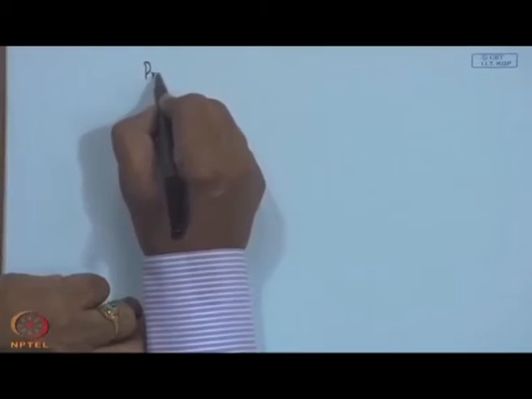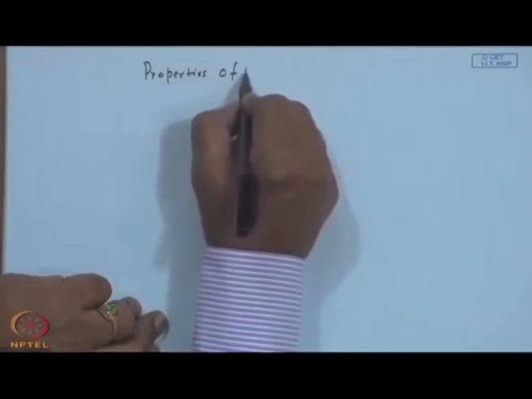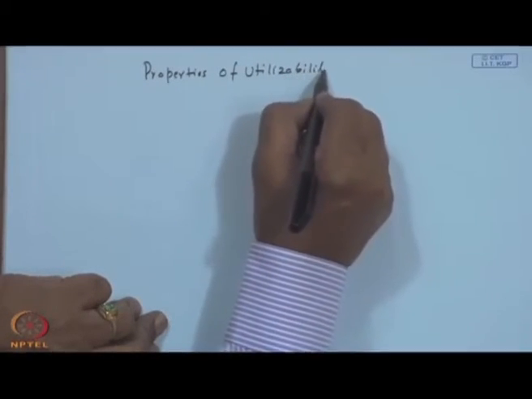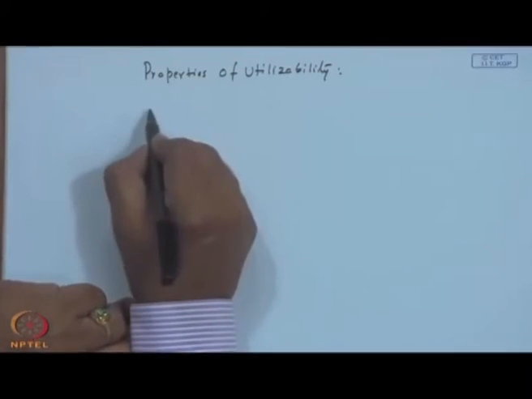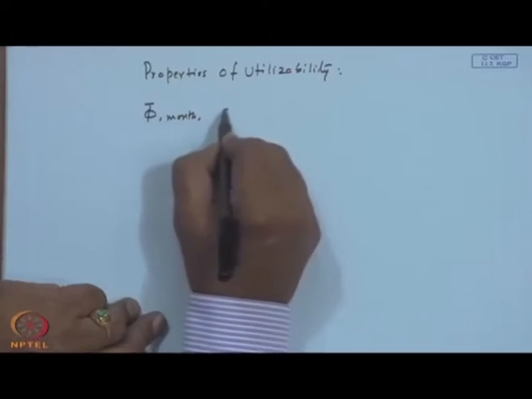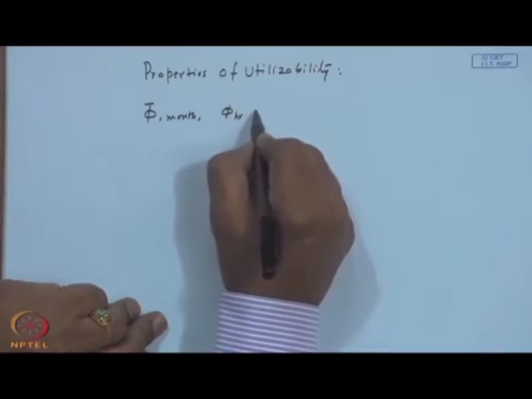So, again slightly I will digress before we proceed further with the definition or the simple correlation. What are the properties of this utilizability? I can define this phi bar for the month, I can define a phi bar for the hour in a month.